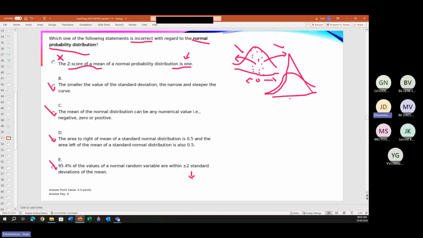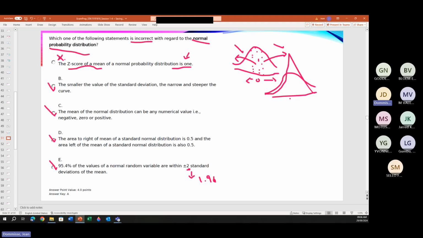Normally that will be the one where 95% will be equal to 1.96, and the reason is that it's nearly 2 standard deviations. Okay, so those are all correct. The z-score of a mean of a normal probability distribution is the incorrect one. So in the exam, if you get it like this, A is the wrong one.